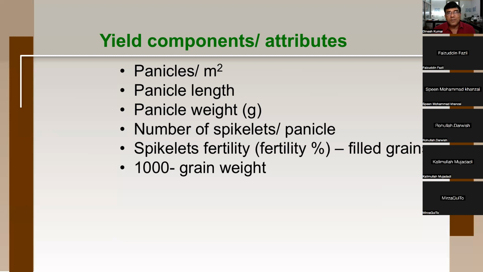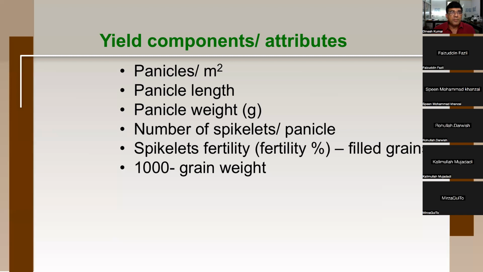So you can calculate the fertility percentage: 100 into 100 divided by 120. Can you do this? Out of total spikelets, how many spikelets are having grains, the filled grains. There may be some unfilled spikelets. Certain spikelets may not have grain in them.